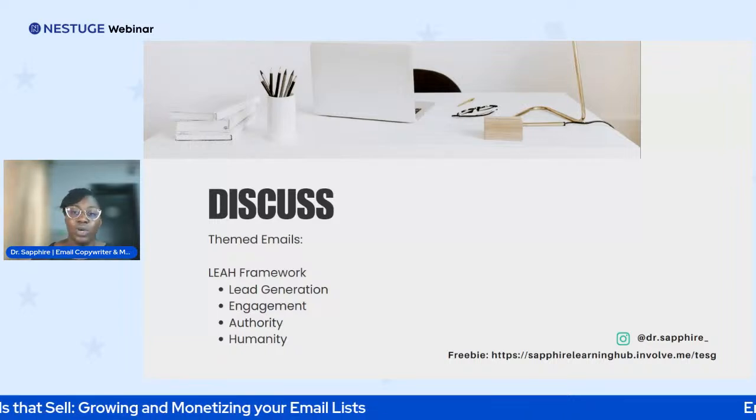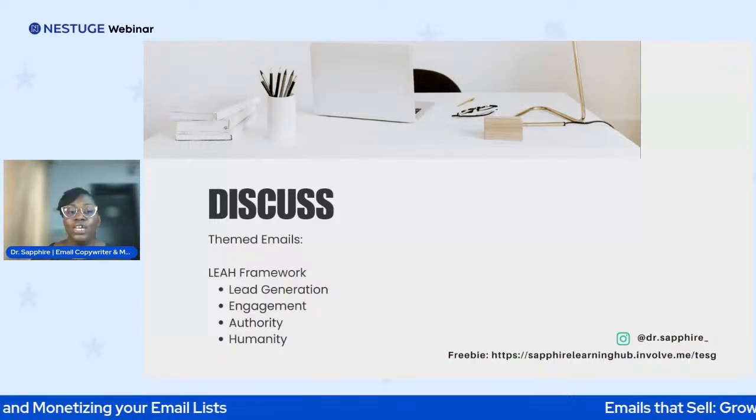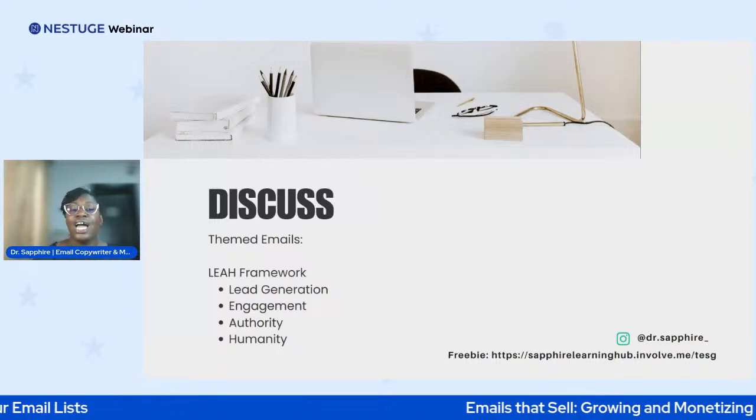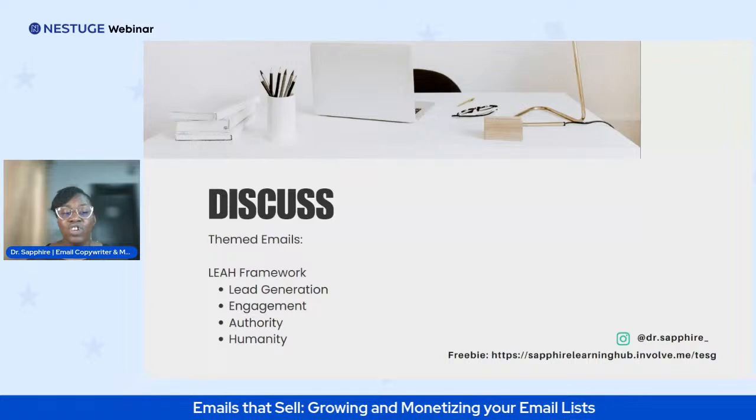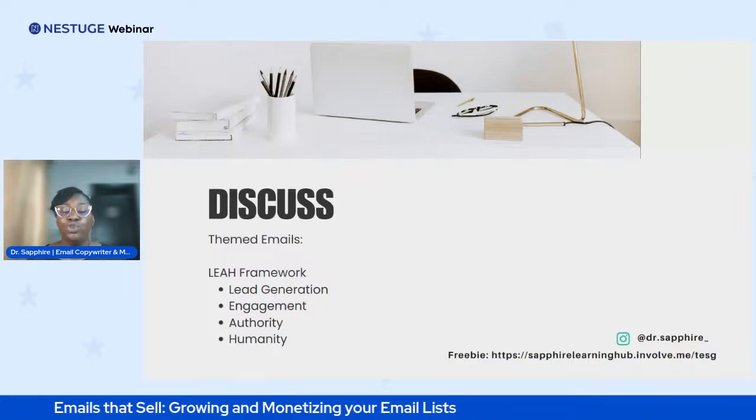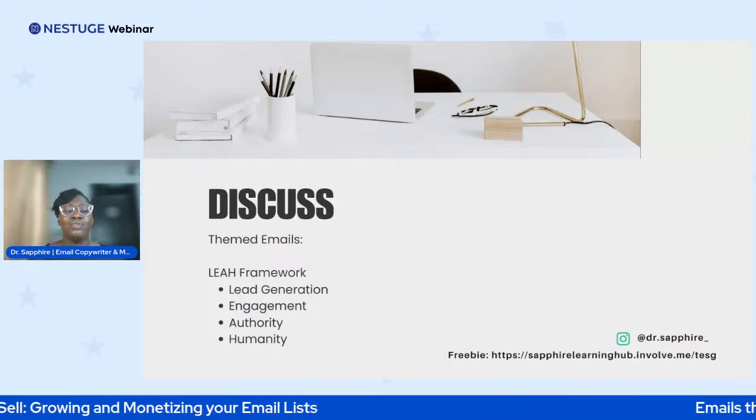And this is a reminder with this framework to sprinkle some stories and emails that are relatable with your audience. It doesn't have to be all the time. Do you understand? But you want to remember to put it in the mix of emails that you're sending, which is why we have this framework.